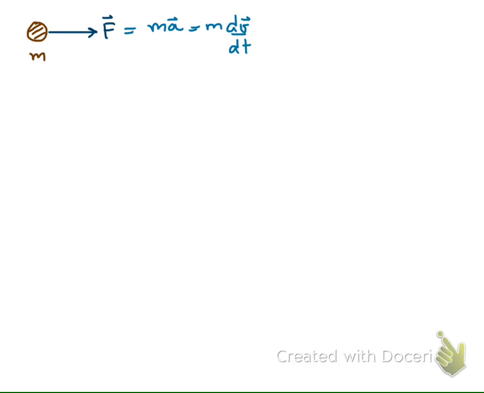And if we let the object move in a short time interval, okay, if the object moves in a short time interval, and if at the initial point here the object moves with the velocity v, and after a short time interval the object moves to the new position here, and this is the displacement delta r, we can approximate that delta r is approximately equal to v times delta t.